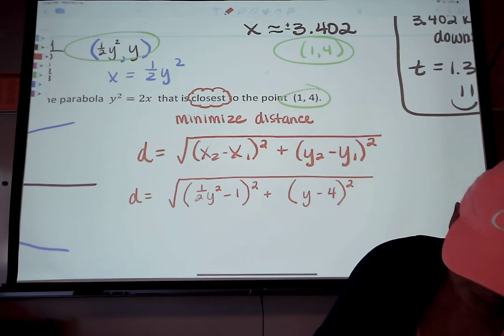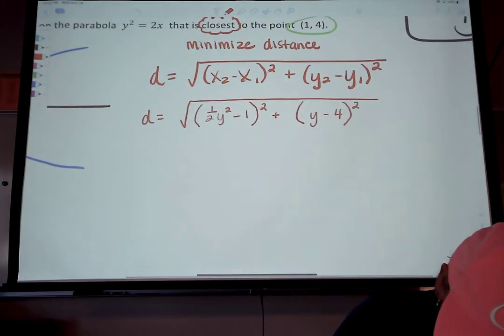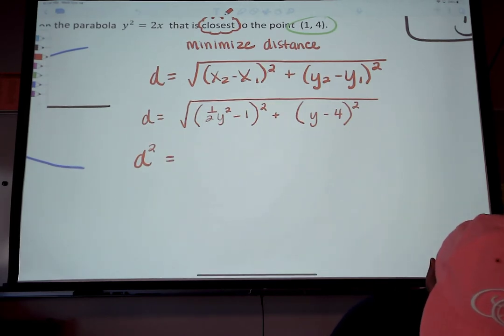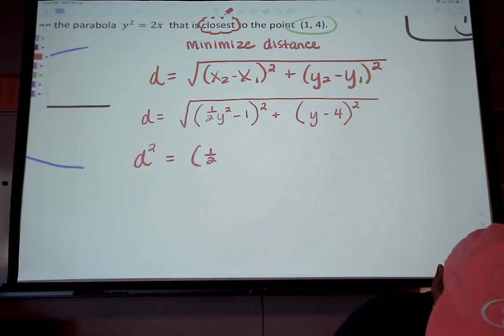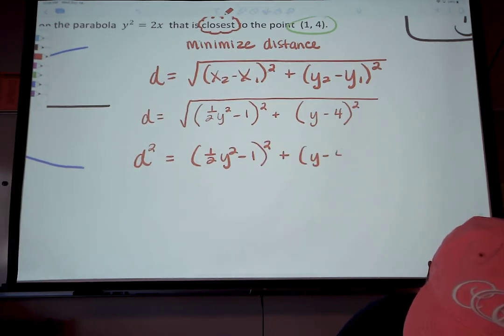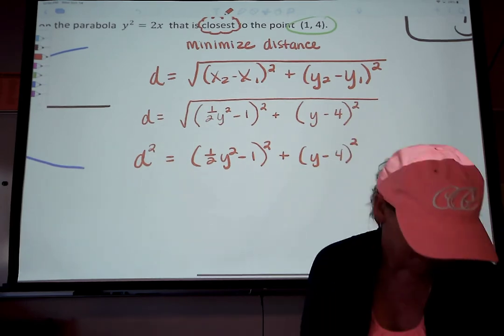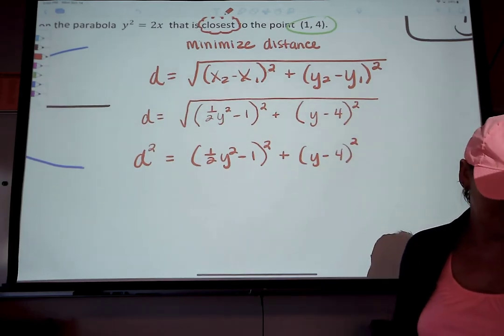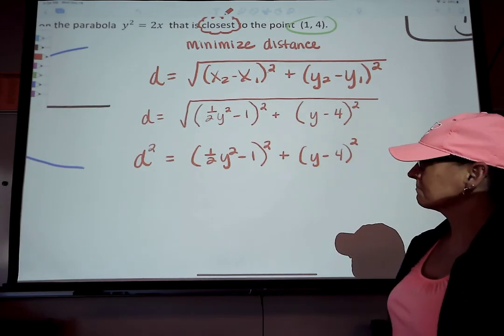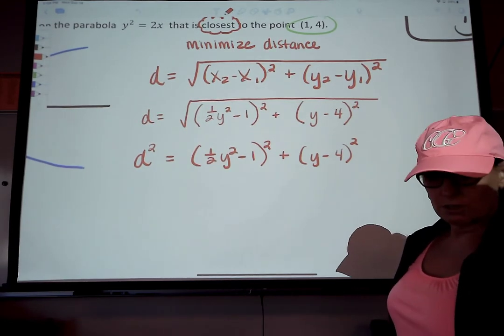Okay, so here I go. Let's square both sides. I've got d squared equals, no more radical, praise the Lord, 1/2 y squared minus 1 quantity squared plus y minus 4 quantity squared. Again, options.